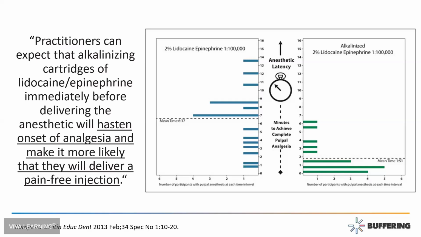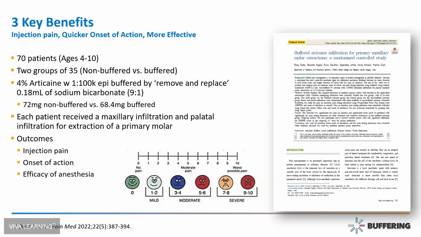Now, the next two studies are a little bigger. This next study is 70 patients, ages 4 to 10, some difficult folks to anesthetize. Two groups of 35, non-buffered versus buffered. They used 4% articaine, 1 to 100,000 epinephrine, buffered by remove and replace.